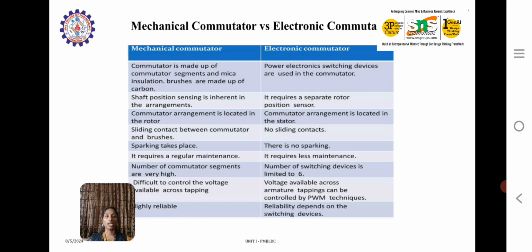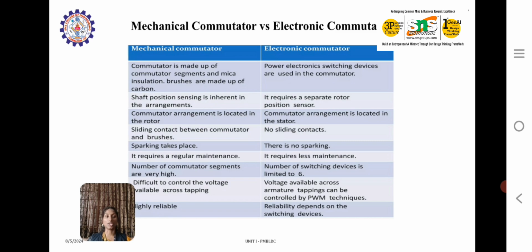In the mechanical commutator, the commutator arrangement is located in the rotor, whereas in the electronic commutator it is arranged in the stator. There is sliding contact between commutator and brushes in the mechanical case, but here there are no sliding contacts, because brushless DC motors have neither brushes nor commutator segments.